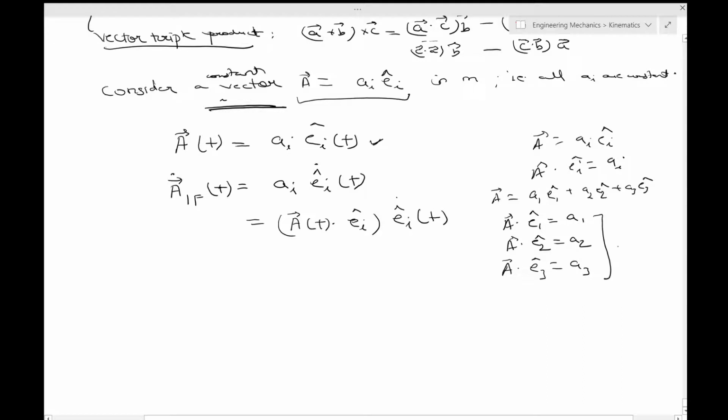That's why, combining this, we can say that A dot e_i is equal to a_i. Okay, so that is what exactly we have used over here. So this should also actually be done.